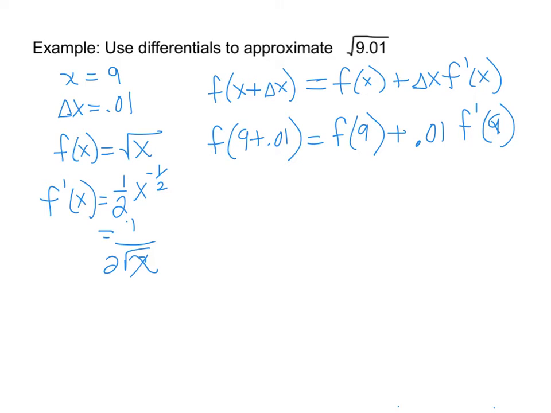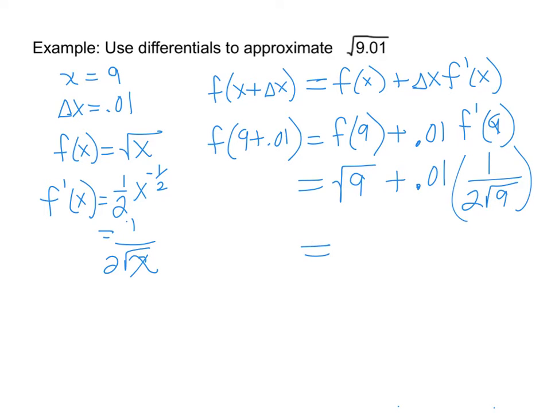So f of 9 is the square root of 9, plus 0.01 times the derivative, 1 over 2 times the square root of 9. When you put that in your calculator, this is just 3, so 3 plus this little bit is going to be approximately 3.00166666.